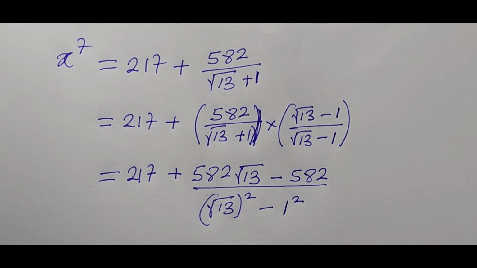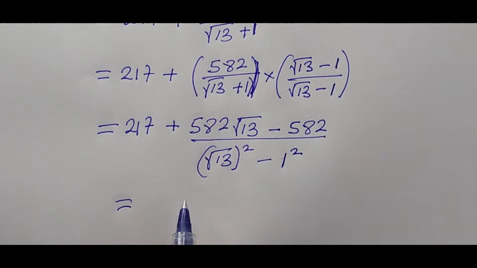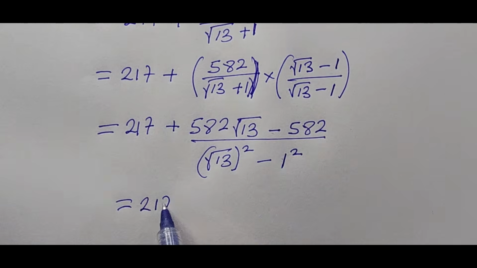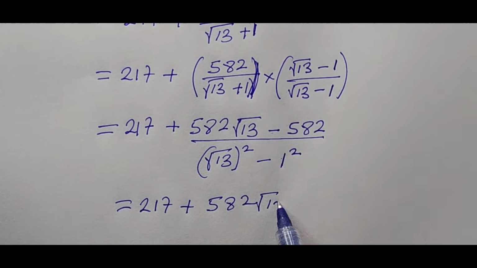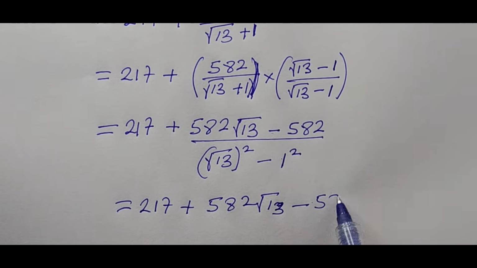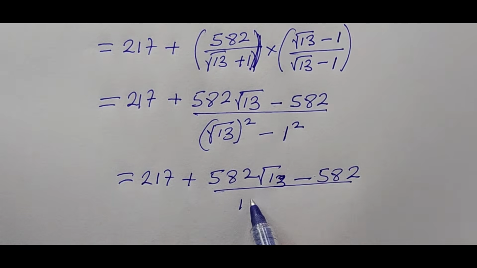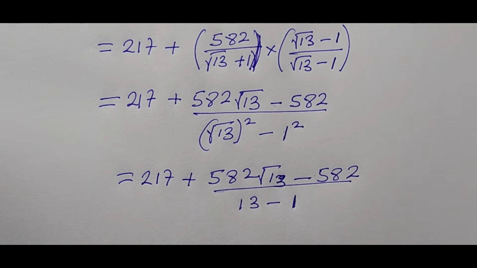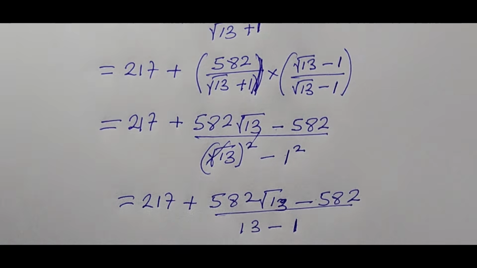You remember this rule, right? Good. So from here, we're going to have 217 plus 582 root 13, then minus 582, all over 13 minus 1, because this power will go with this power.